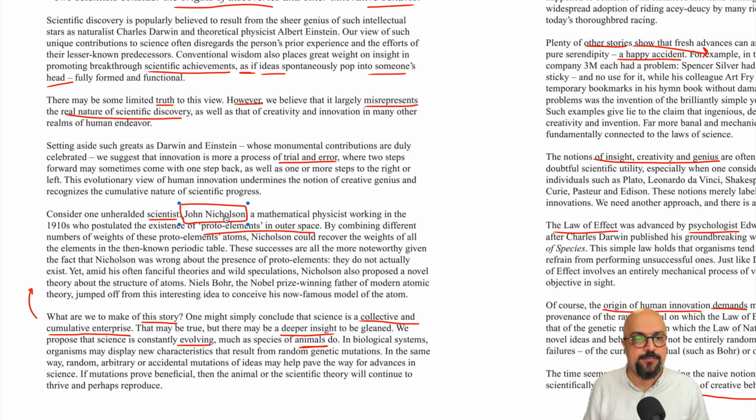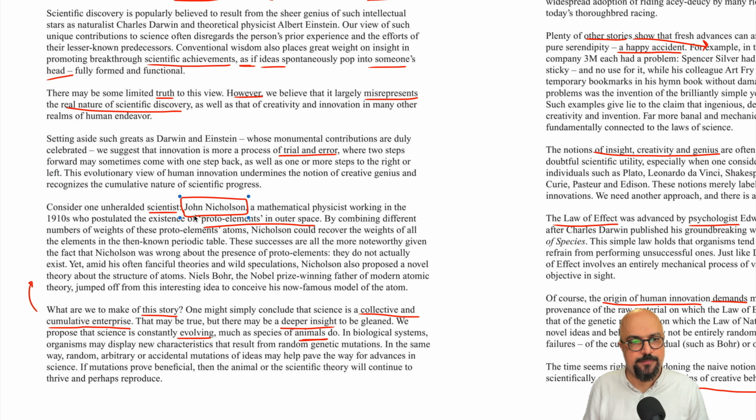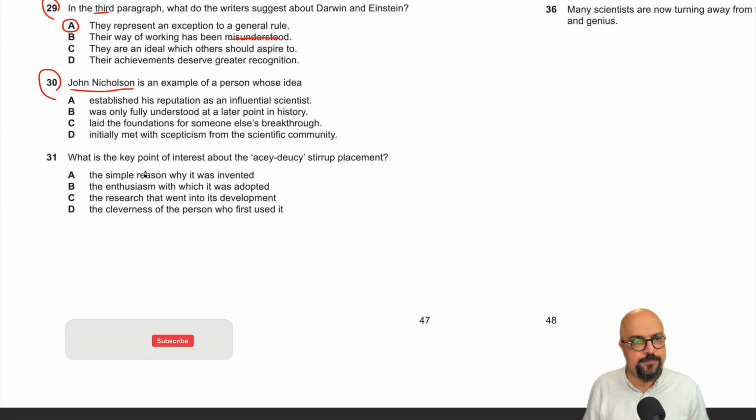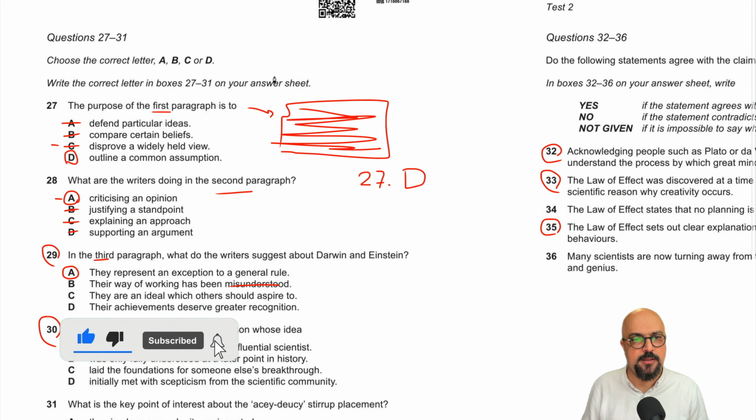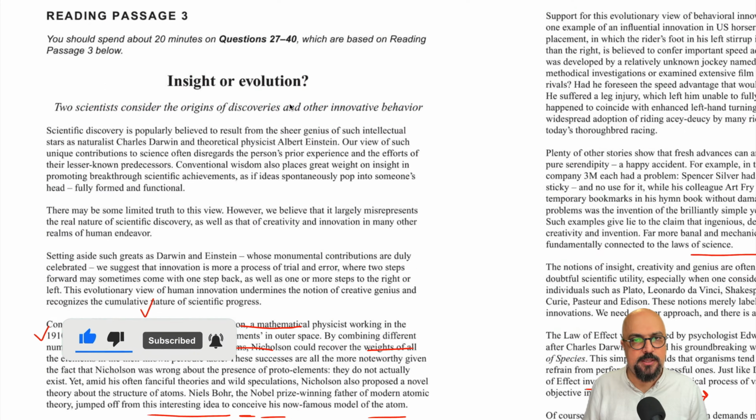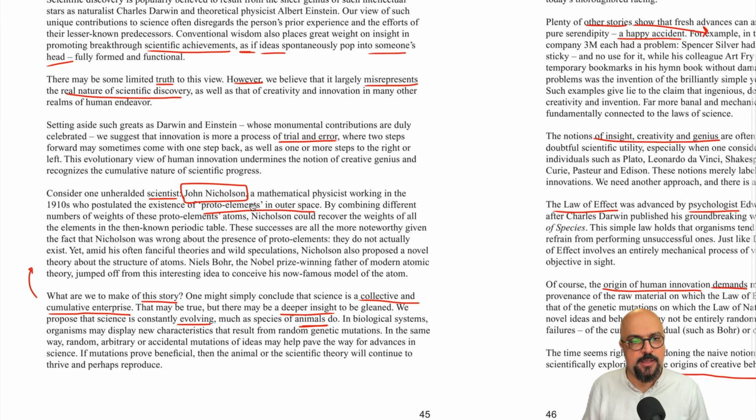So we want to organize our work for better understanding of the text. So we circle the words John Nicholson. So the name is here. What was the question again? Just as an example of a person whose idea. So something about the idea, like what is this person's idea like?